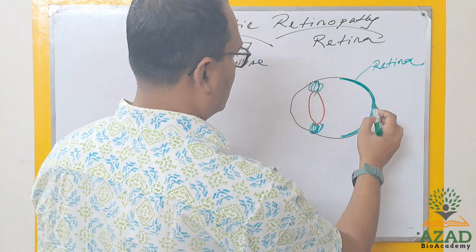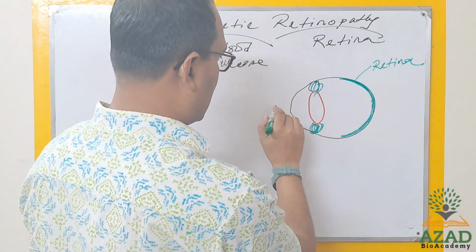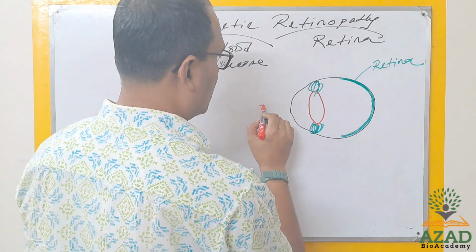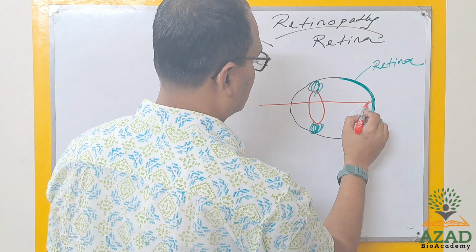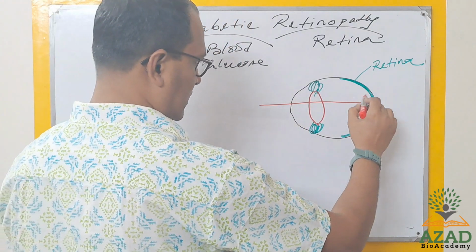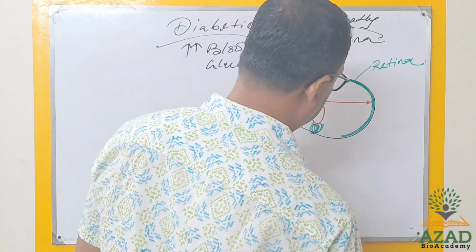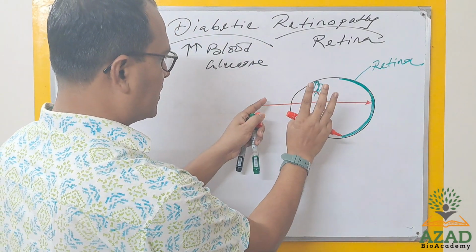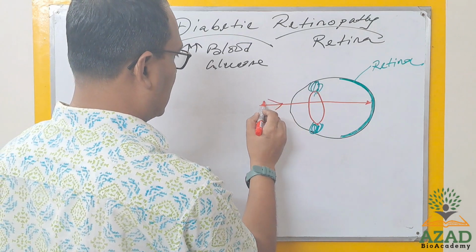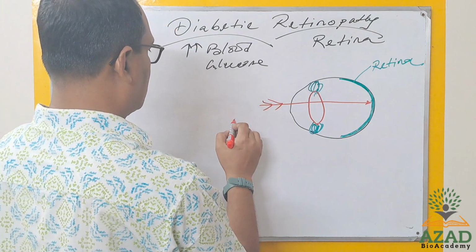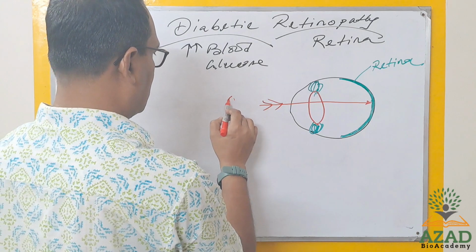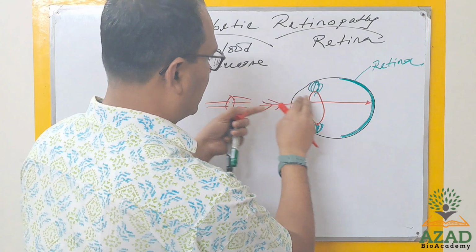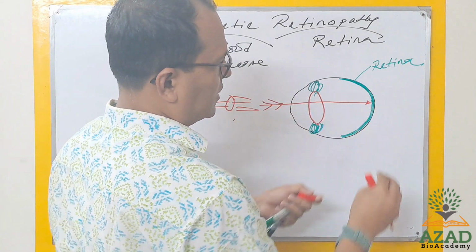The inner part, if I just draw a line, that is light. The middle of the retina can be considered as the macula. Suppose this is the source of light, and that light will reach the retina.